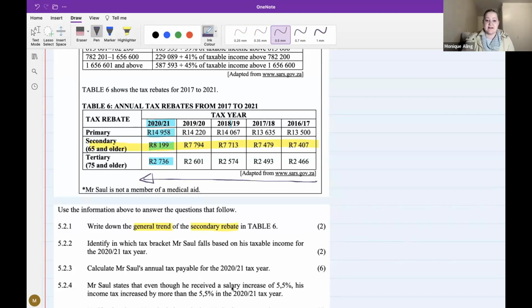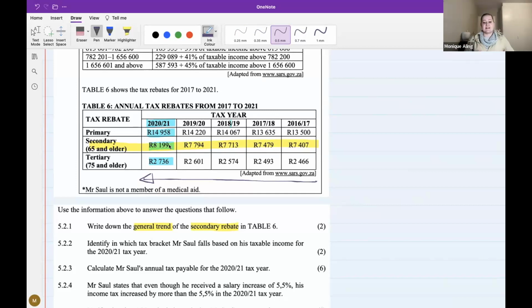Yes. Ben says it increases, or Tile says it increases as the years go by. Perfect. As the years go by, we can see that the rebates increases. So that's all you need to say.